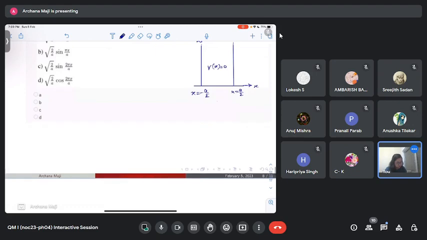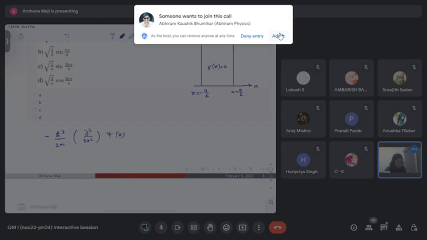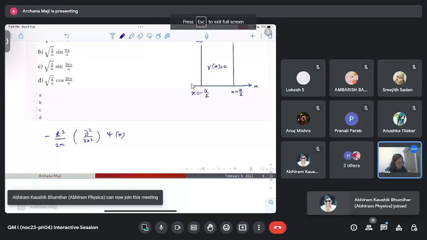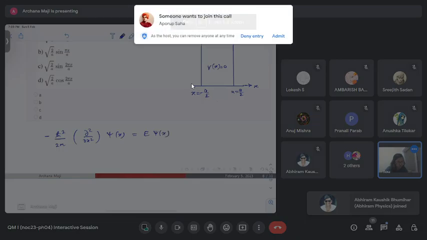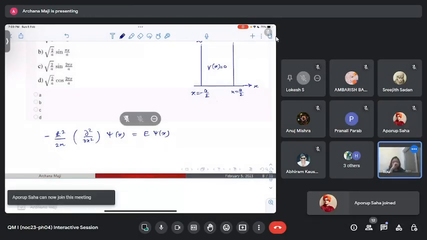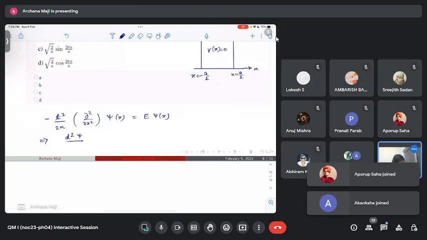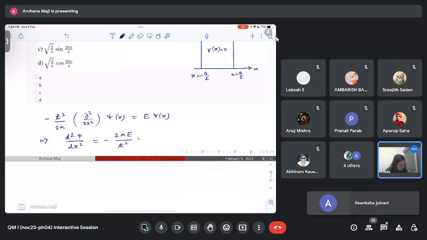Okay, so the Schrodinger equation with V of x equal to 0, where I am not writing the V term because it's 0, gives us d squared psi by dx squared is equal to minus twice m E over h cross square psi.